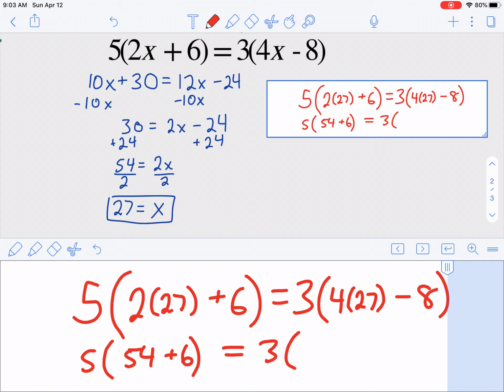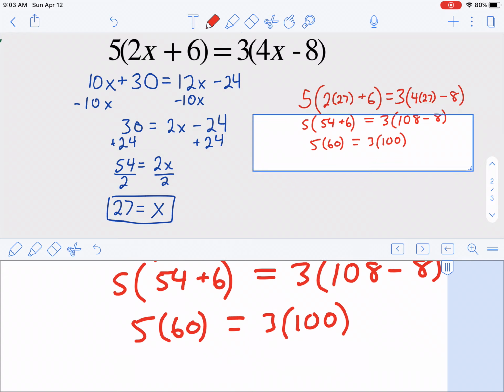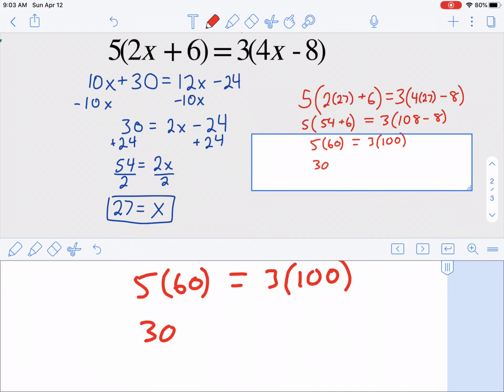And 3 times 4 times 27 minus 8, that's 108. And 5 times 60 is equal to 3 times 100. And 5 times 60 is 300. And 3 times 100 is 300. And so it checks. And so x equals 27.